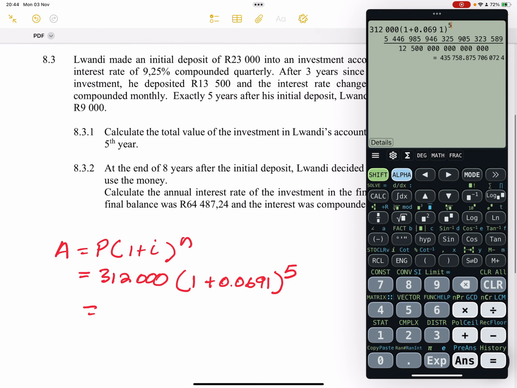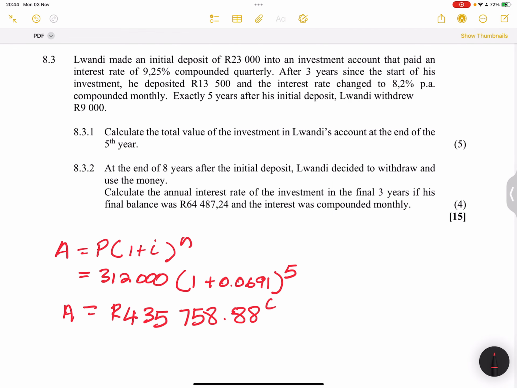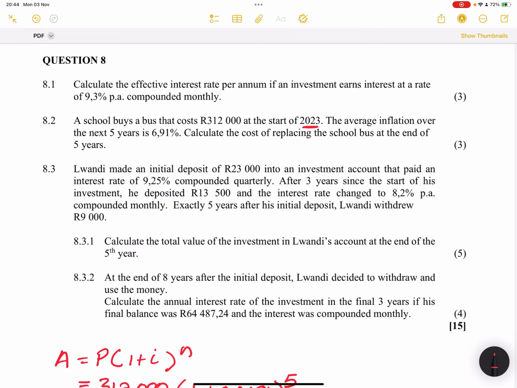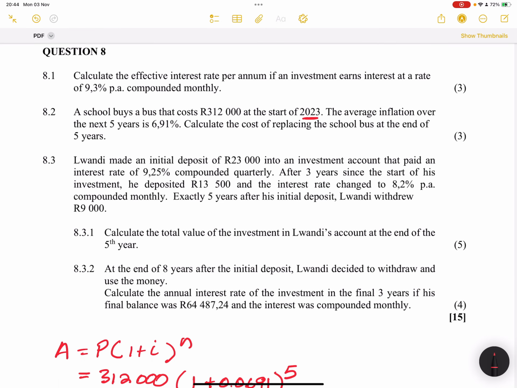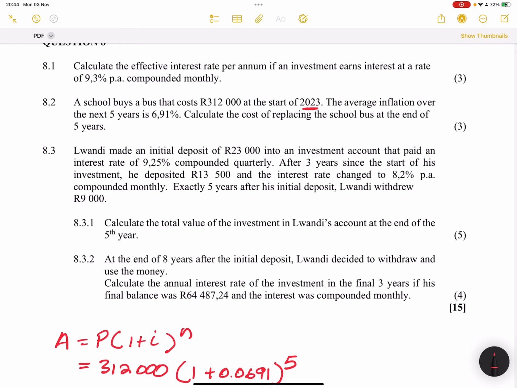All right, so which means the cost of getting a new bus would be 435,758 rands and, well, let's say 88 cents. Right, so that would be the cost of replacement. Okay, so note that inflation happens annually, so in that case you will not need to make any adjustments in that regard.